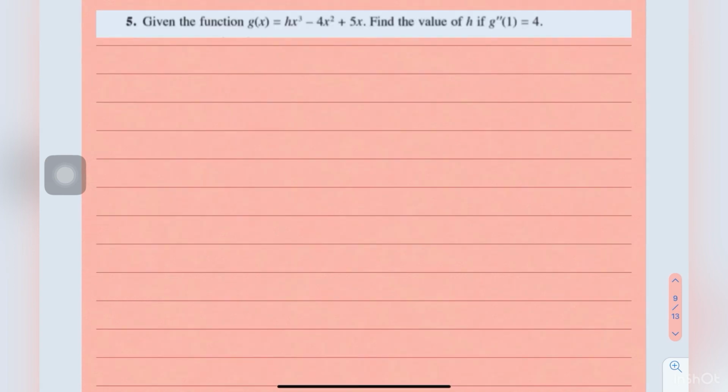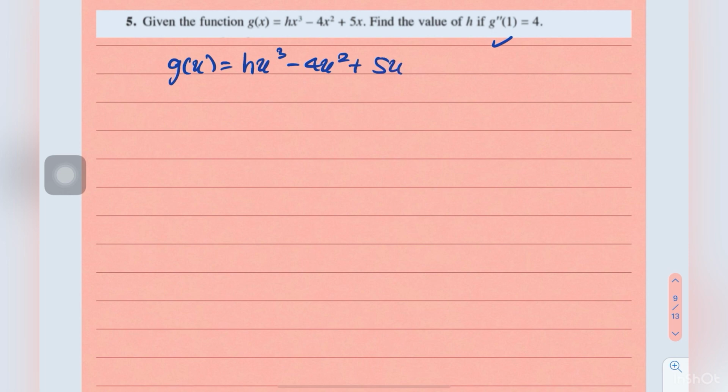Number 5, given the function g(x) equals hx cubed minus 4x squared plus 5x, find the value of h if g double prime 1 equals 4. Meaning that you have to differentiate twice to find the second derivative. So g prime x equals 3hx squared minus 8x plus 5.